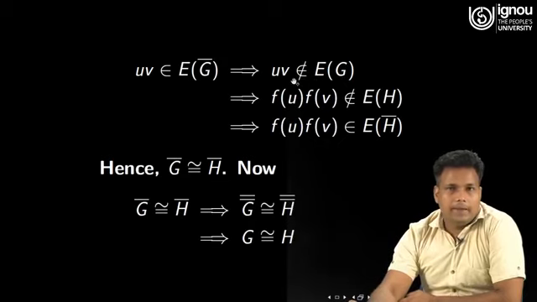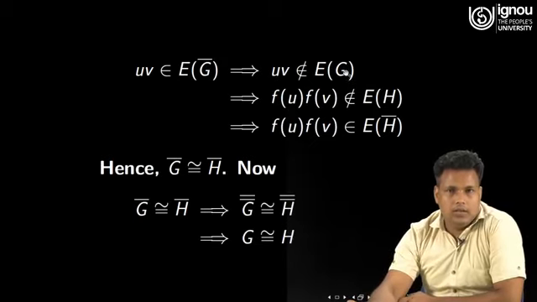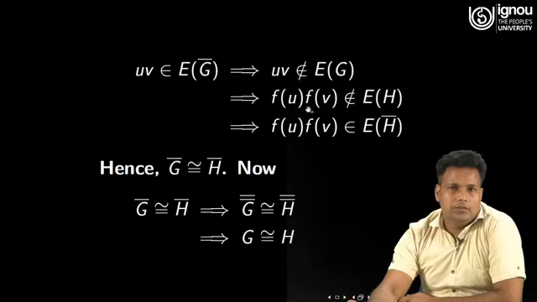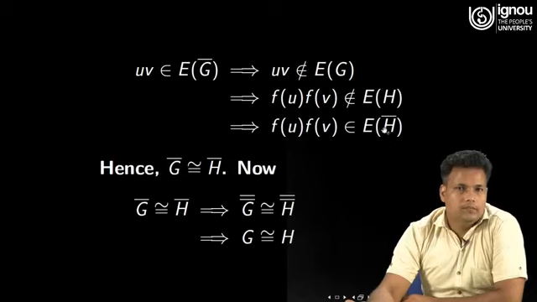And you know that if any edge is missing in one graph G and G is isomorphic to H, then its image under F cannot be present in H as well, right? Otherwise it will be a contradiction. That is, if uv doesn't belong to E(G), then F(u)F(v) also doesn't belong to E(H), and this means that F(u)F(v) belongs to E(H bar).